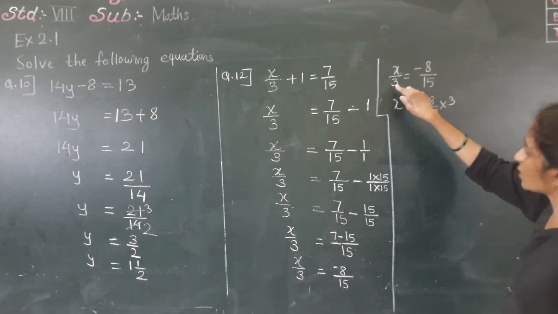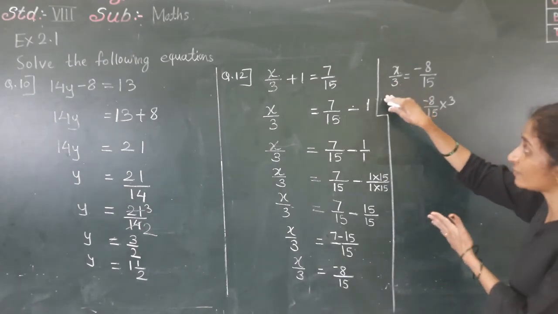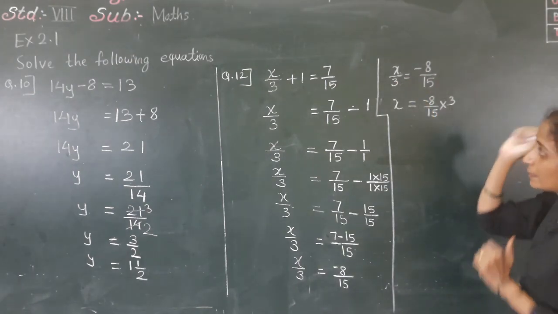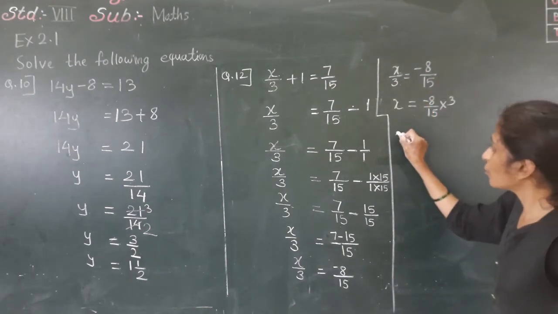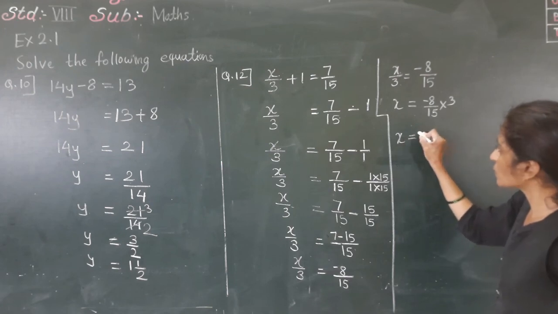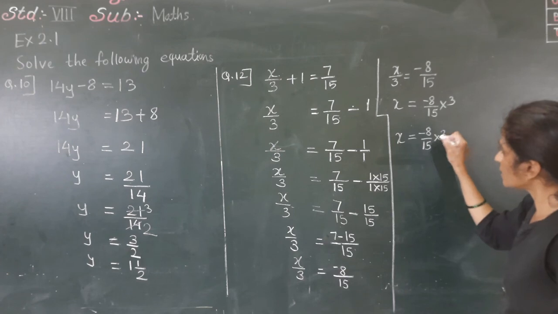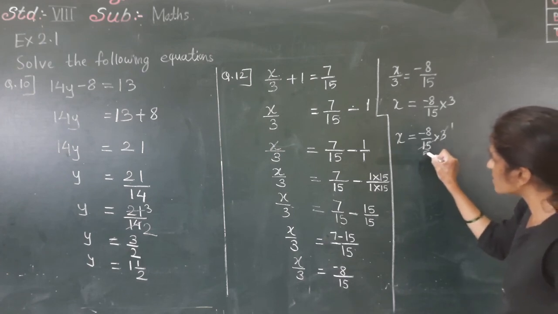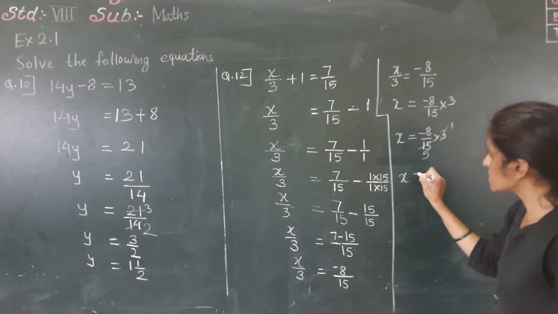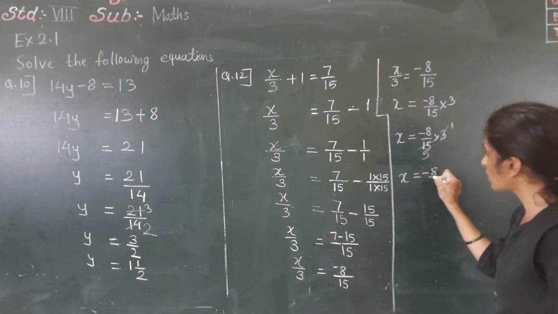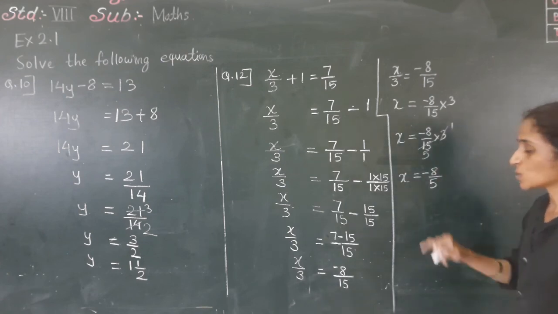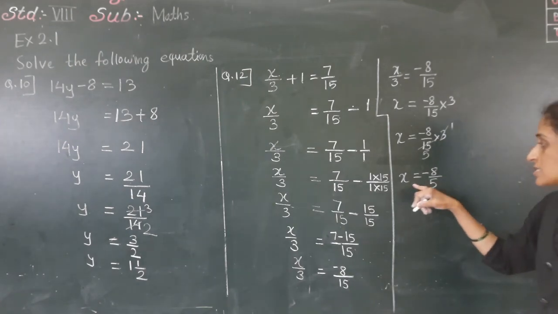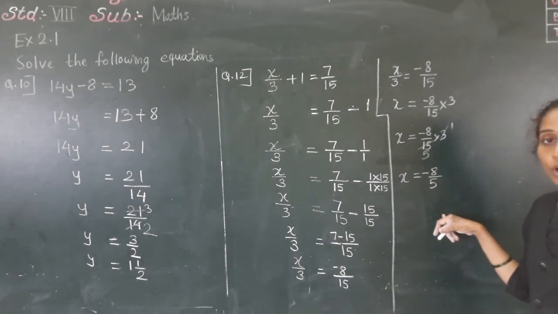Now we can cancel, see, 3 ones are 3, 3 5s are 15. So x is equal to minus 8 upon 5. So what answer did we get? X is equal to minus 8 upon 5.